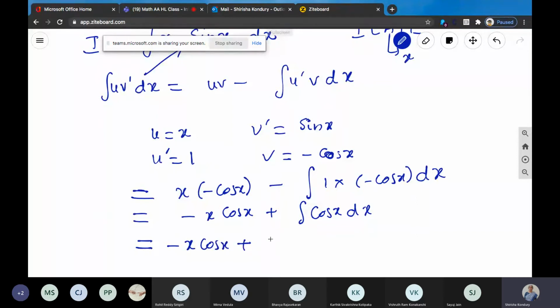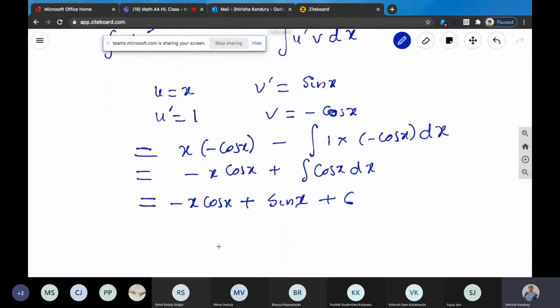Integral of cos x is sin x plus c. And if you have any doubts whether this is correct or not, you can take derivative of this expression and go back and see, do I get back my original expression? Let me see. Derivative of minus x cos x.